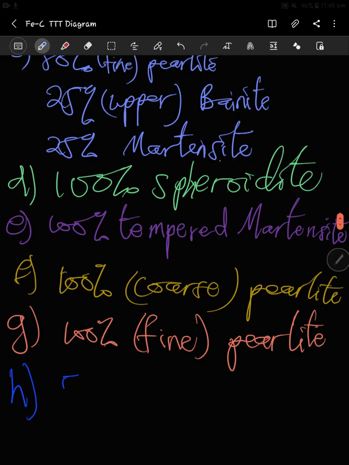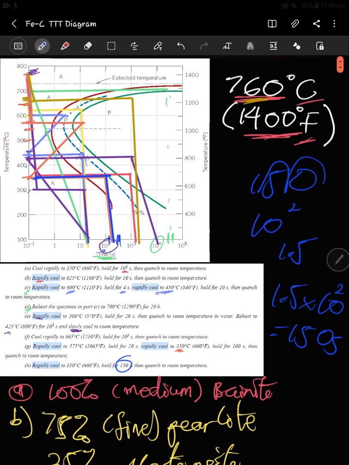So we have 50% bainite. But what type of bainite? Just to be clear, we know bainite is from about where this line ends to about 350 here, and we know where the upper and lower bainite meet is about 350, right? So that's just by the way, we know that now.